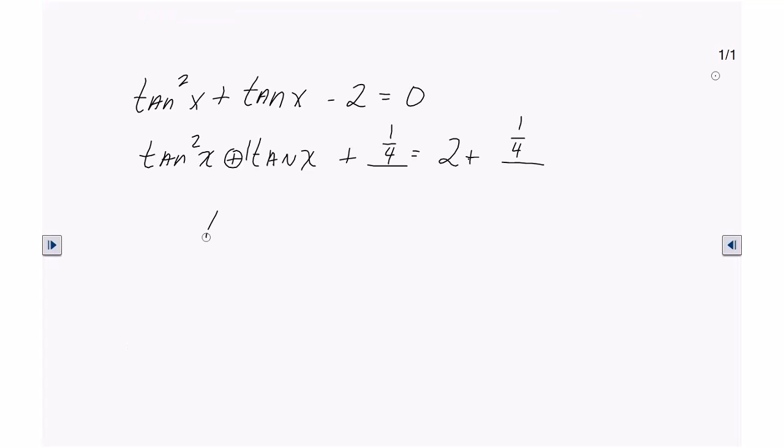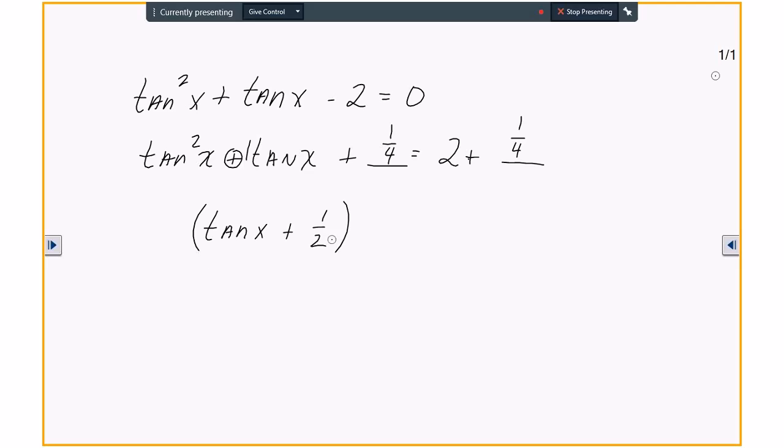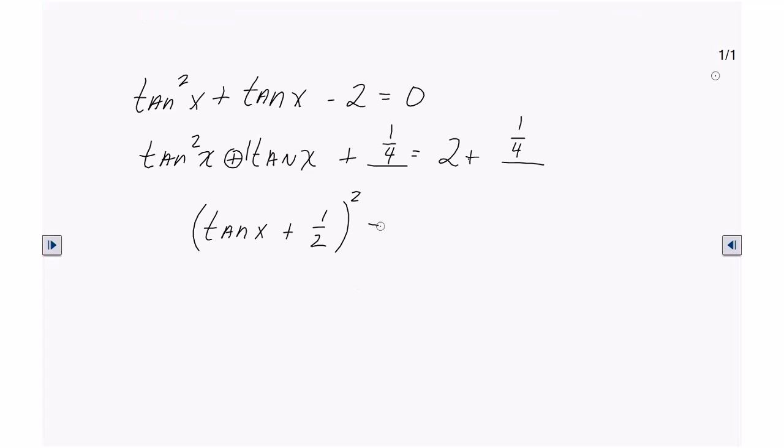So that's going to be tangent of x plus 1/2 quantity squared is equal to 8/4 plus 1/4. So the tangent plus 1/2 quantity squared is equal to 9/4.